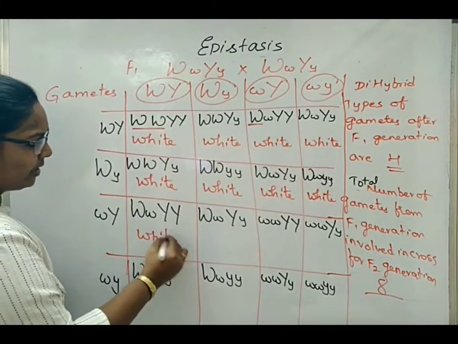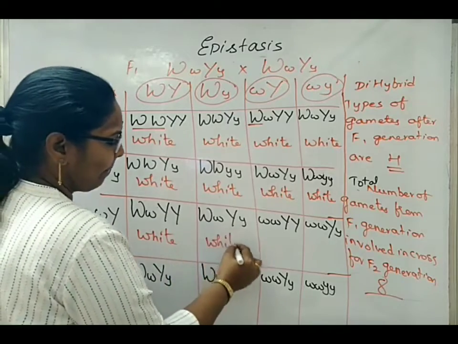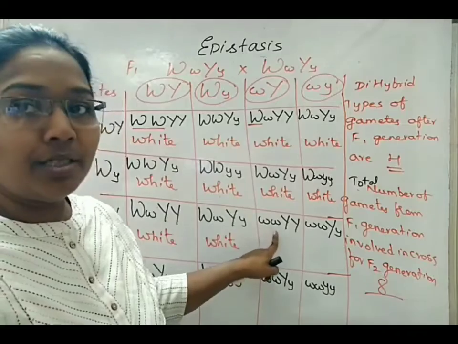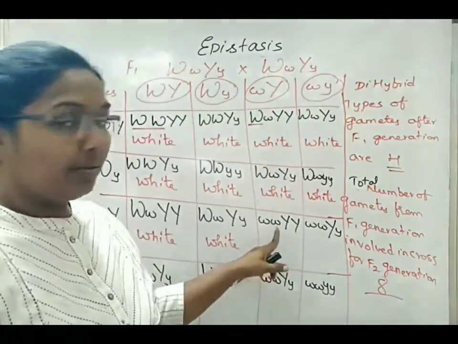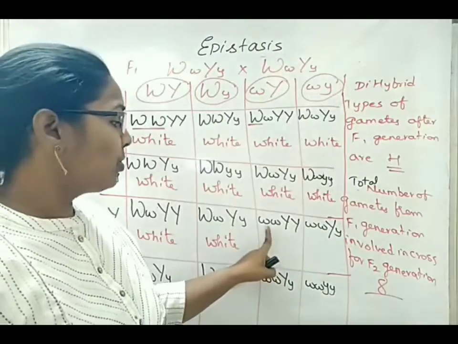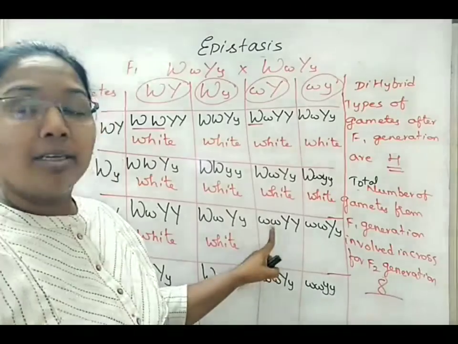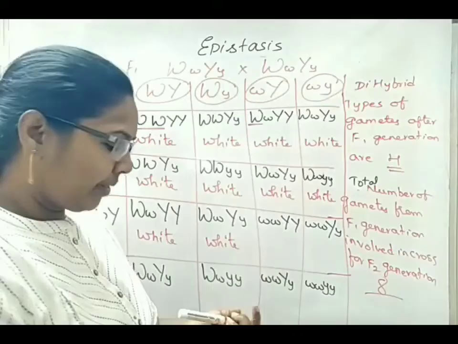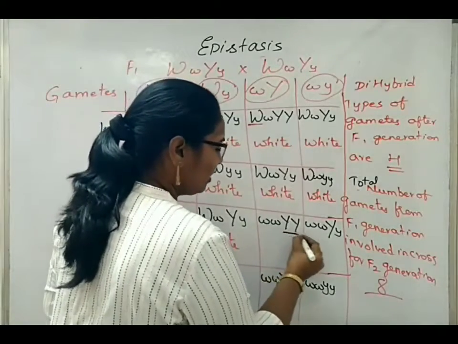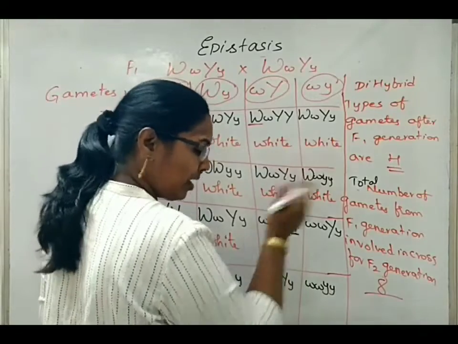Here also white color flower. Now here, see, there are recessive forms of the contrasting pairs. We know that the example we have taken is dominant epistasis. So here the recessive form of the contrasting allele forms is not getting expressed, so only the dominant form of the other one gets expressed.